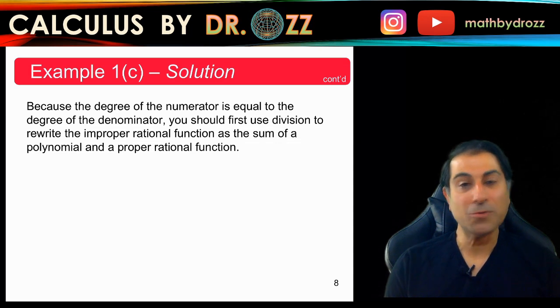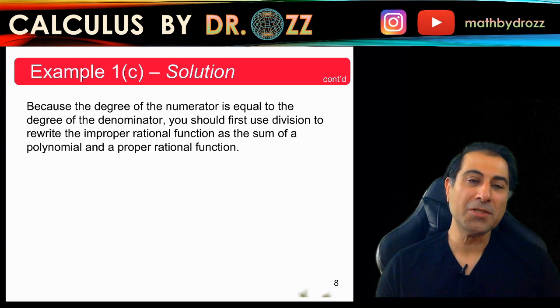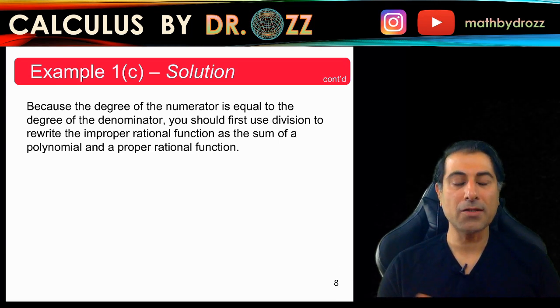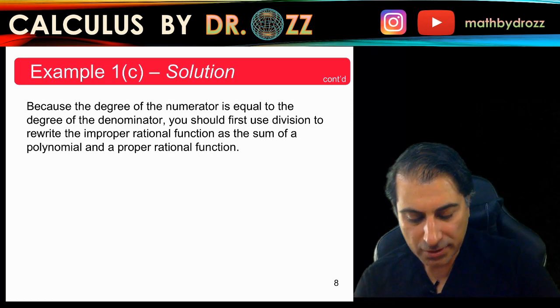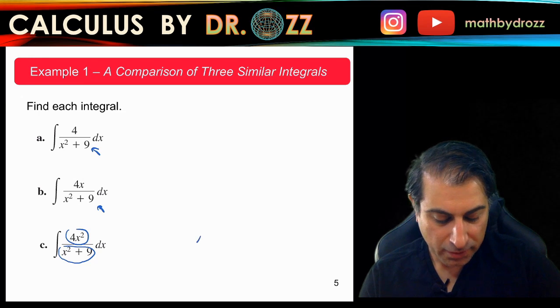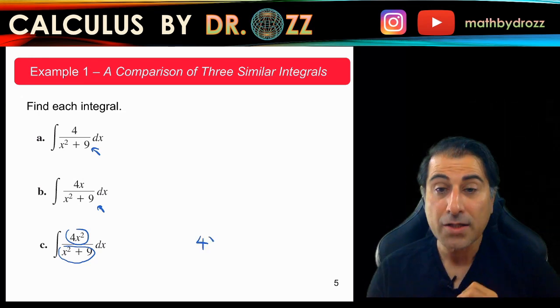But what we're going to rely on is long division to rewrite this improper rational function as the sum of a polynomial and a proper rational function. And here's how you do the long division. So essentially you write 4x squared here, and then put the x squared plus 9 here.